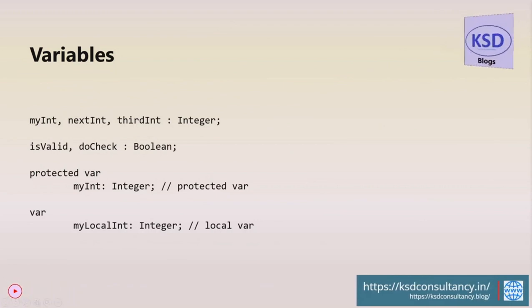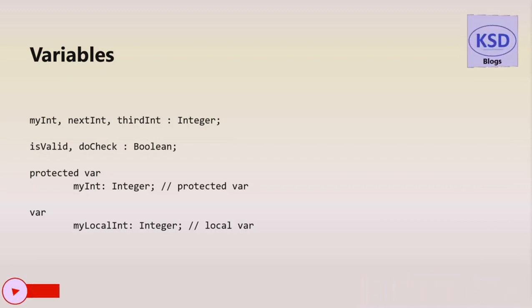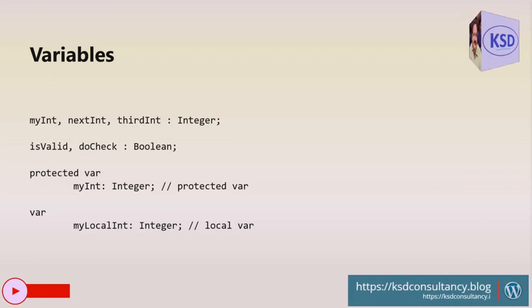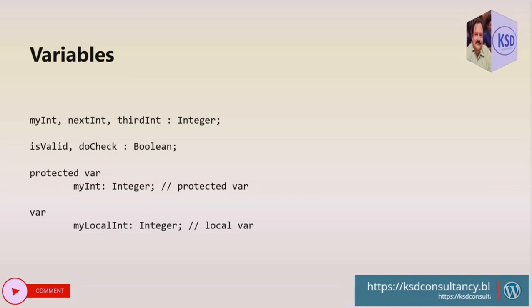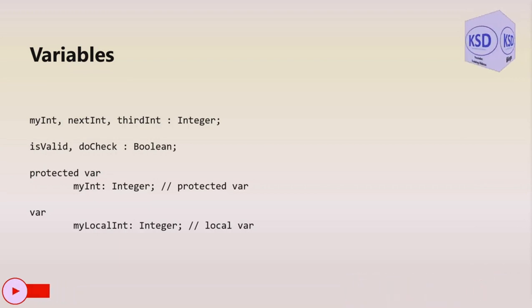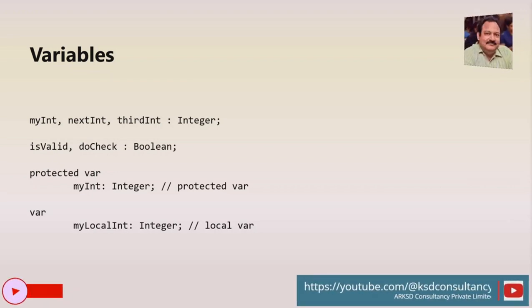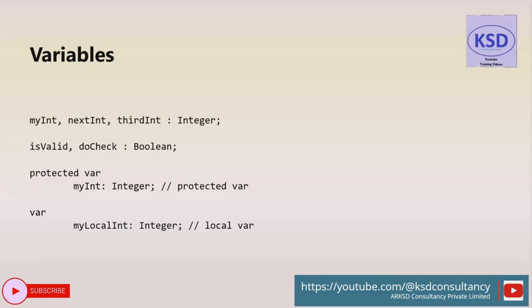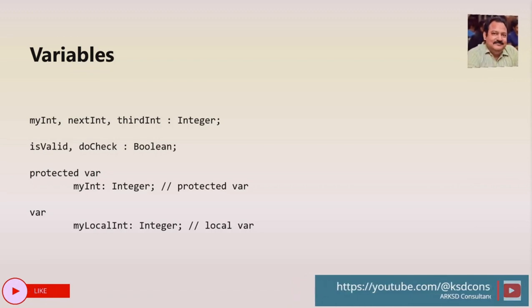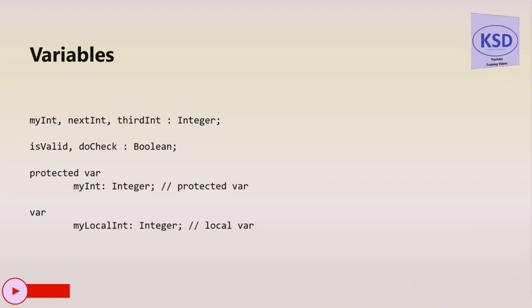When you are declaring multiple variables of the same type, meaning all are integers or all are booleans, you can declare them on the same line. It is not required that each variable be defined on a separate line. You can provide a comma-separated list and, at the end, define the data type.